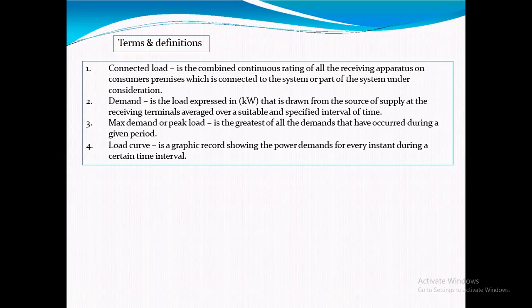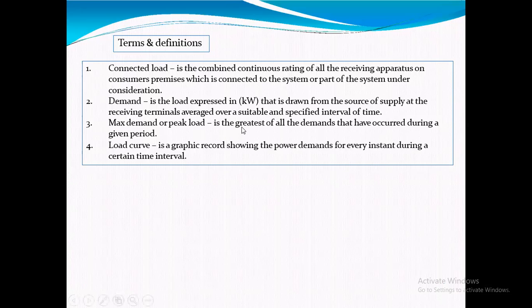But in the conventional way, we are talking about the national grid. The peak time officially is 6 p.m. to 10 p.m., when lights, conventional loads, lighting load, and heaters in the winter season are on.